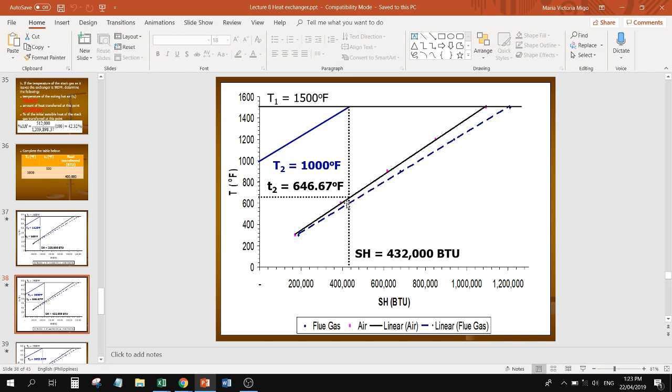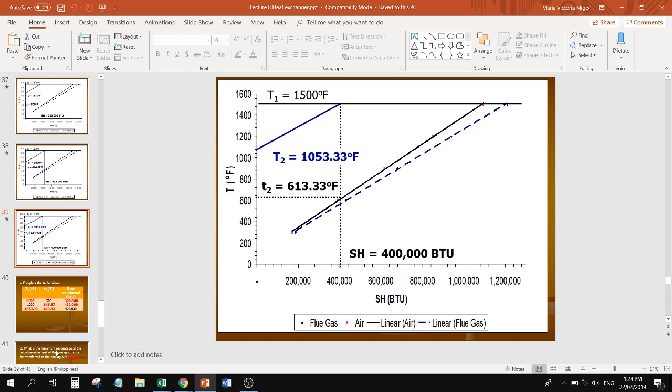You make a vertical line, and the intersection of that vertical line with the cold fluid line, this black line, would give you the temperature of the cold fluid, and you can read Q, also with the intersection of this vertical line with the x-axis.